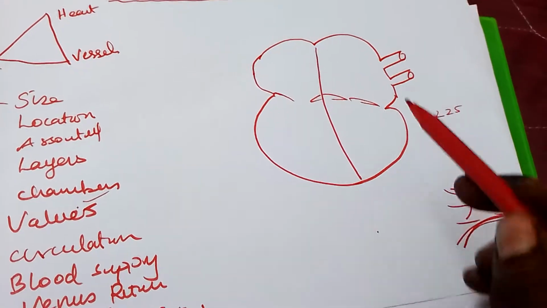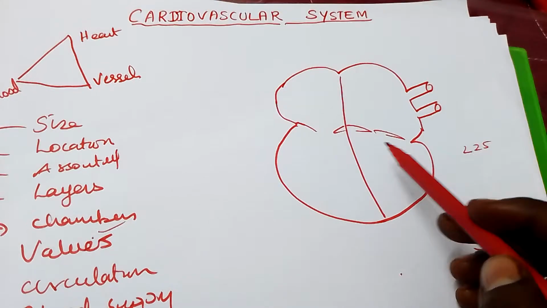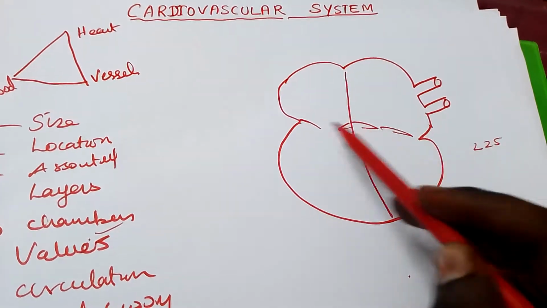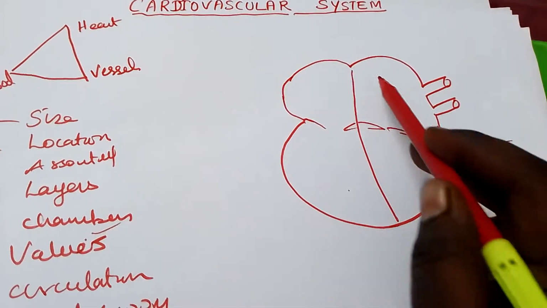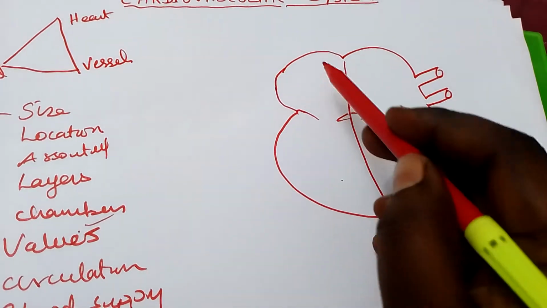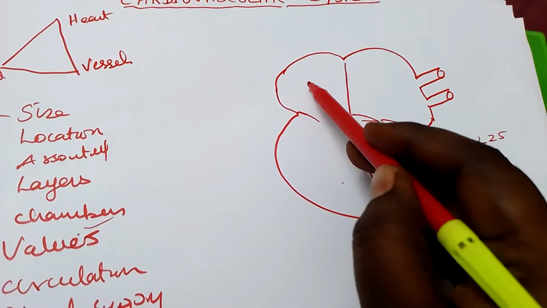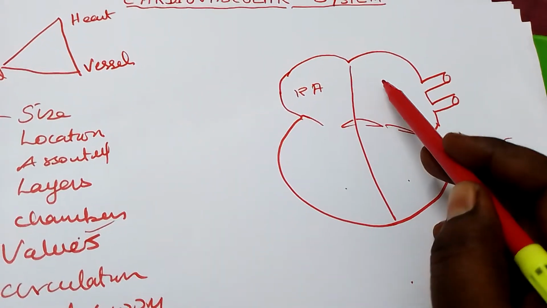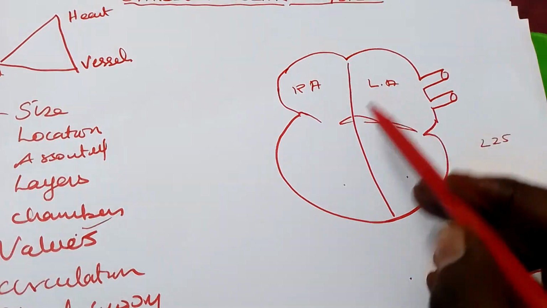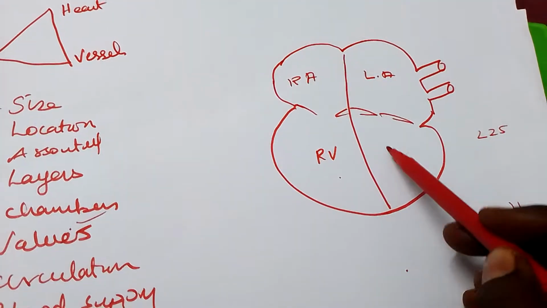So what are the 4 chambers of the heart? This is the right side of the heart, and this is the left side of the heart. The upper portion is called the atrium. Since it is present in the right side, it is called the right atrium, and this is called the left atrium. These are called the right ventricle and the left ventricle.